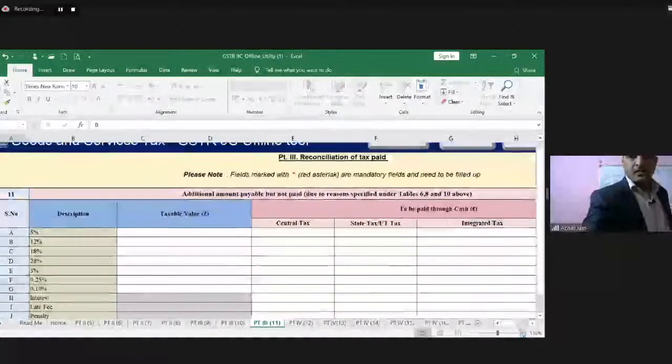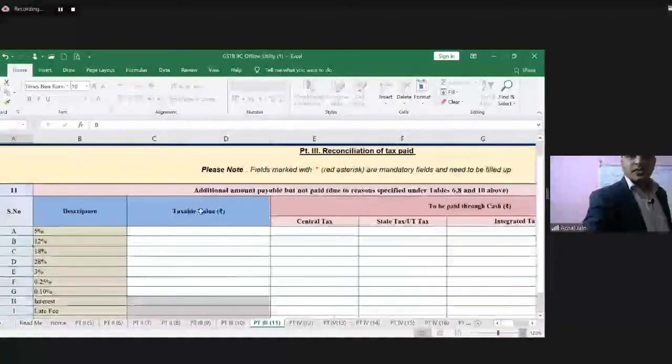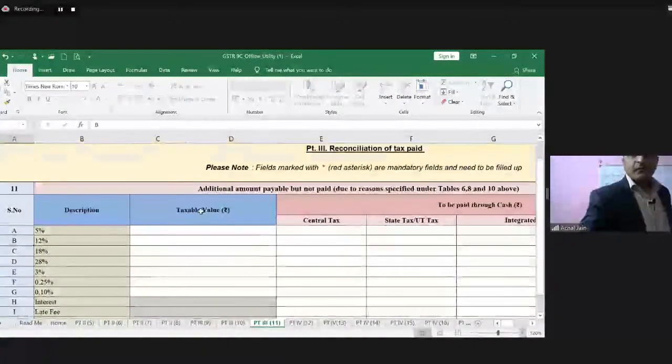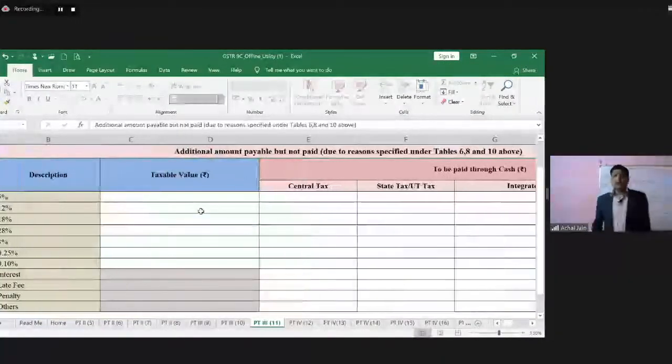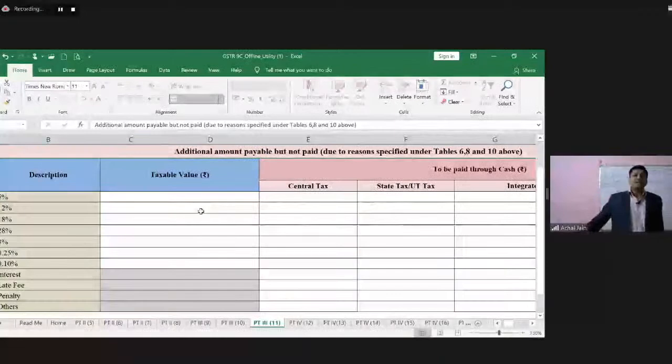Now in this clause or in this part of the form, it's required to comment on additional amount which is payable but has not been paid.